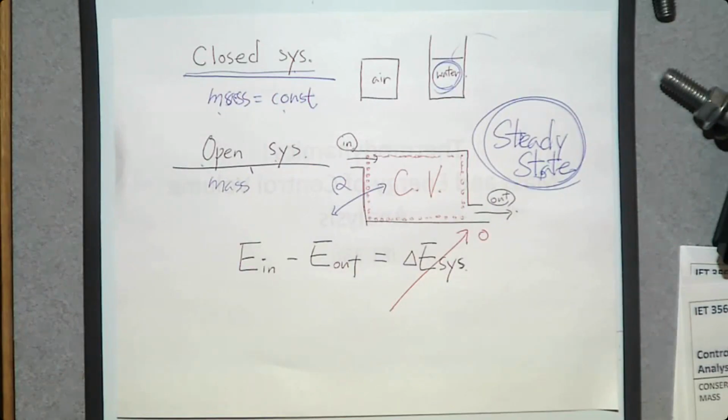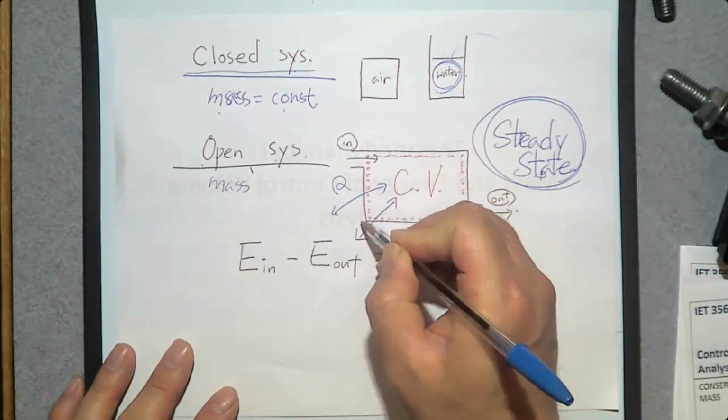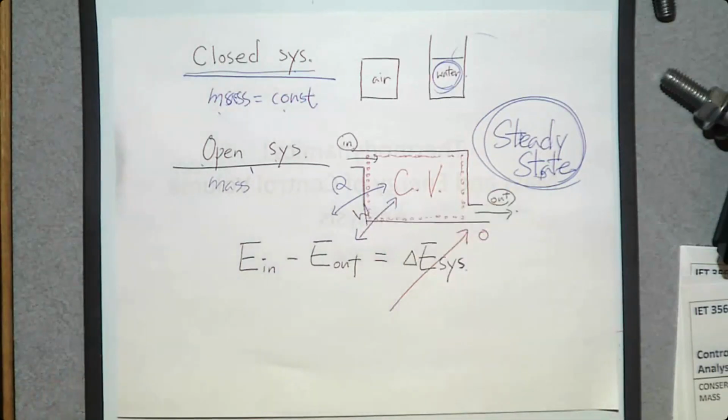Okay, no problem. And there can be energy transfer by work. Yeah, you're right. Energy transfer by work can go in, energy transfer by work can come out. Are they all, or is there more? Of course, there's more. What kind of energy transfer?